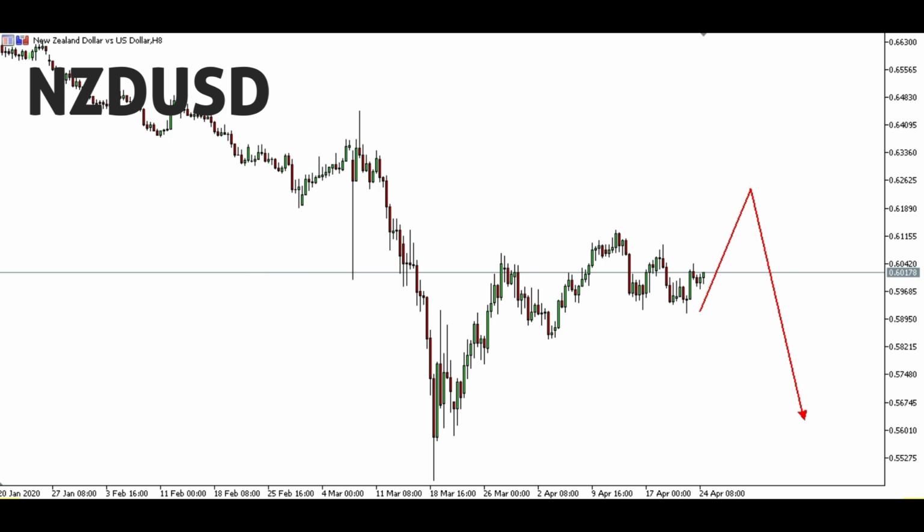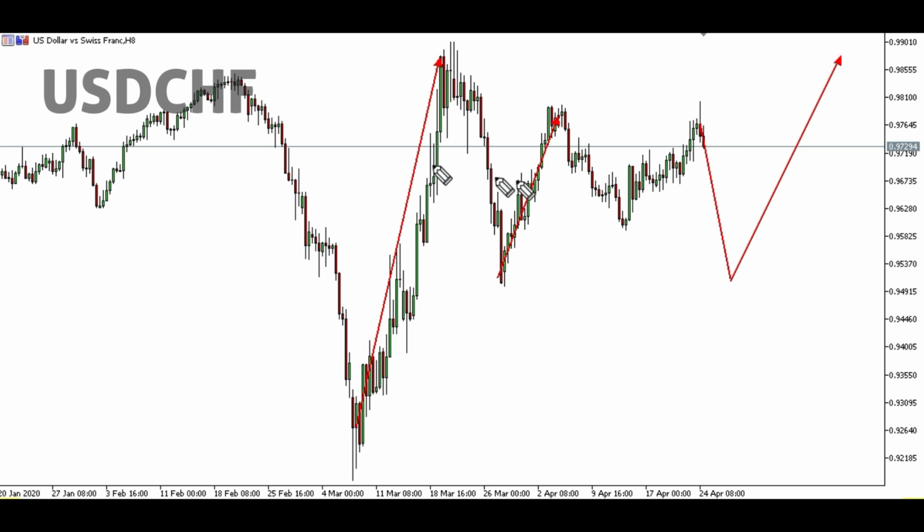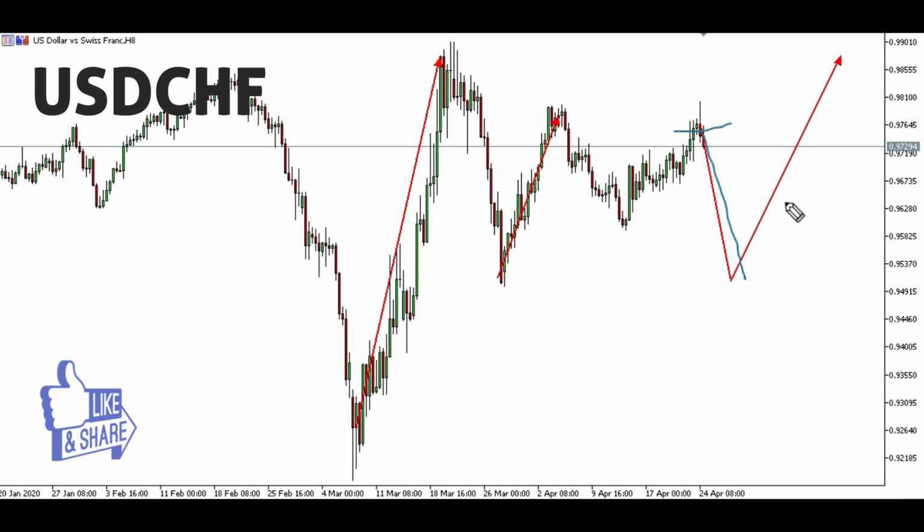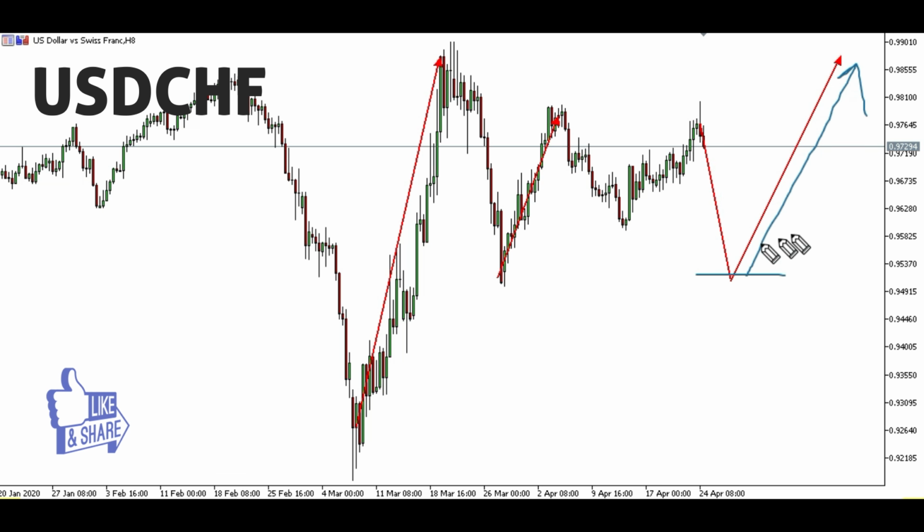That's for NZDUSD. USDCHF, we're looking for a sell opportunity here, downside then up. So we'll be looking forward to selling this if we get our entry opportunity. Then from here, we can be looking forward to buying if we get our entry opportunity. That's for USDCHF. We can sell this, then we buy this.